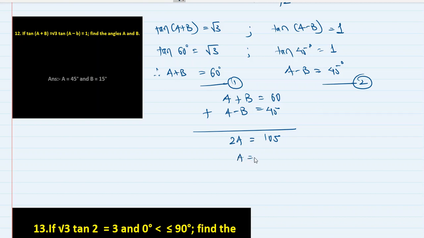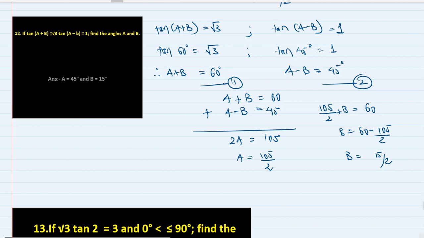So A is equal to 105 by 2. Okay. If I substitute the value of A in equation 1, 105 by 2 plus B is 60. So B is 60 minus 105 by 2. So that is 120 minus 105, which is 15 by 2. So I'm getting some weird answer over here, A and B.